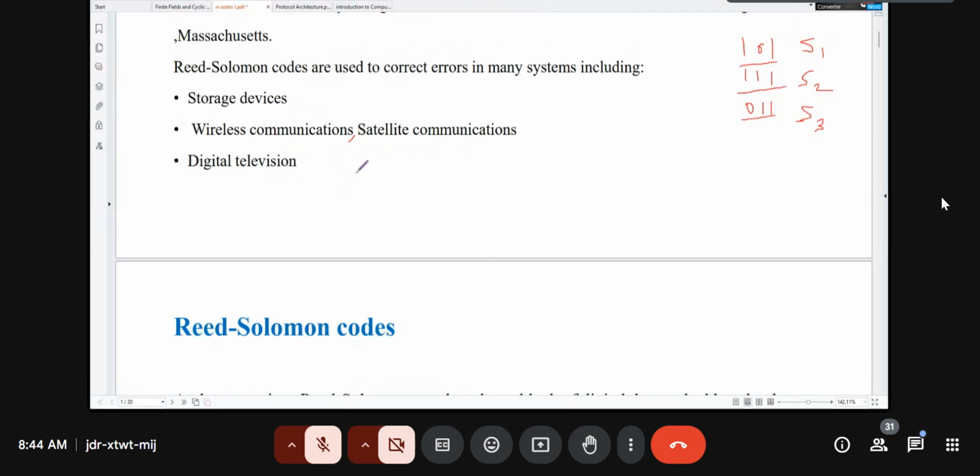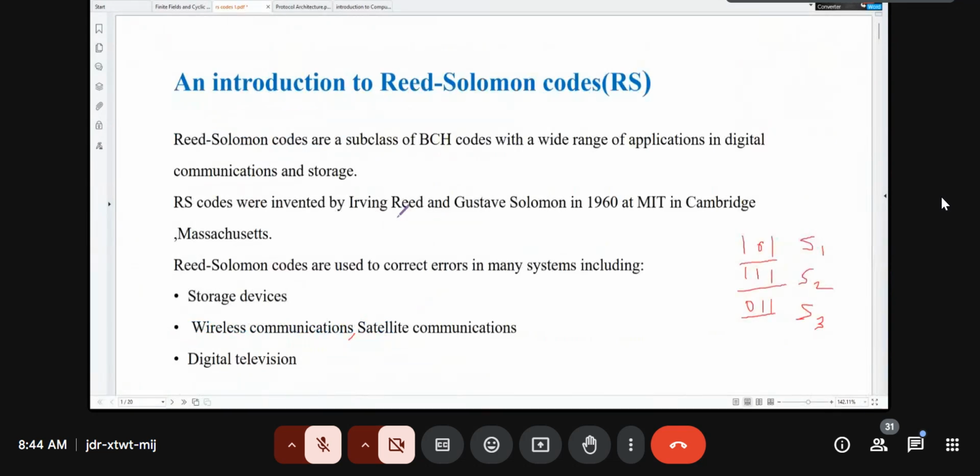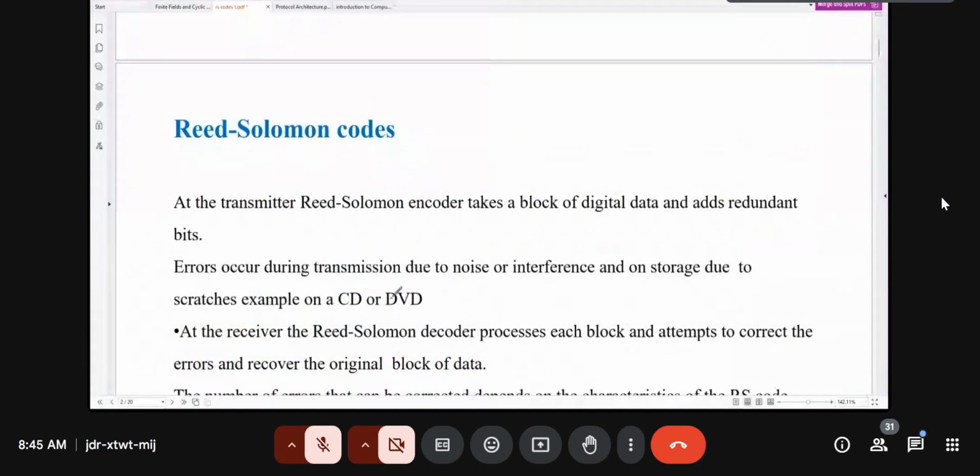Digital television is another area. I'm trying to see why you'd use this other than the ordinary BCH, but where you expect a lot of errors, especially vast errors, is where we mainly apply the Reed-Solomon codes.